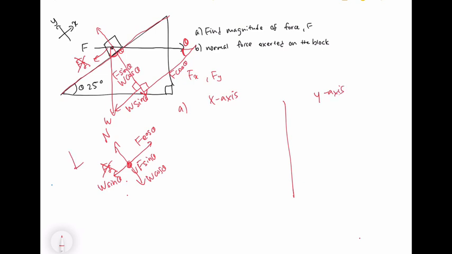With my drawing right here, remember this is just Newton's second law, so I'm just writing that down. On the x-axis, what do I have? I have F cos theta minus W sin theta is equal to ma.